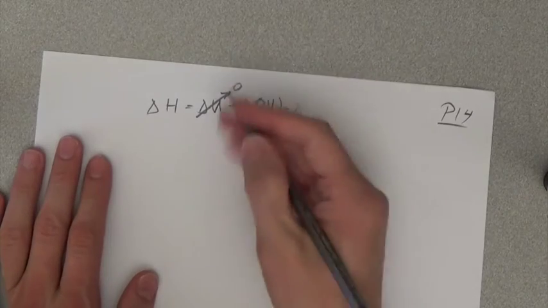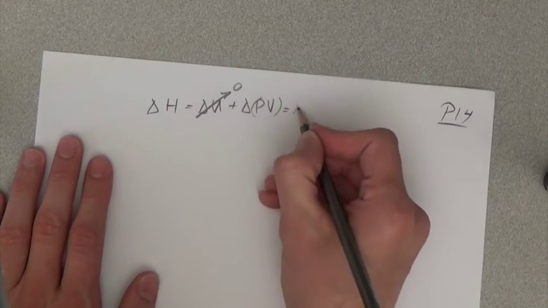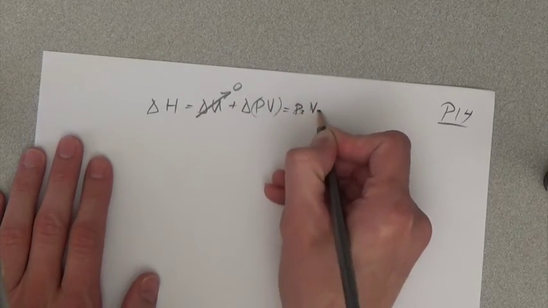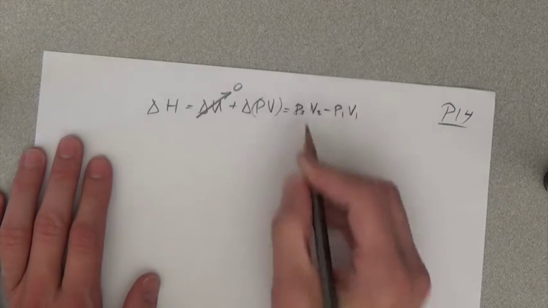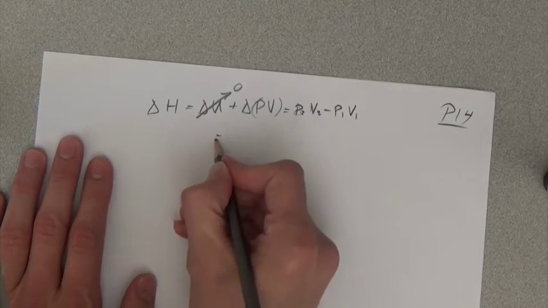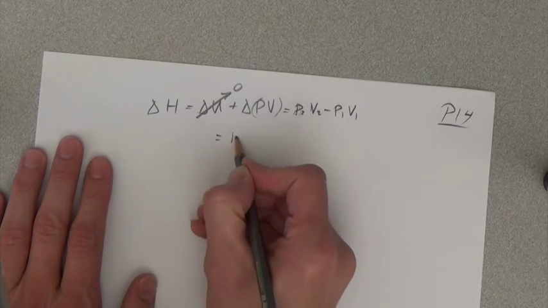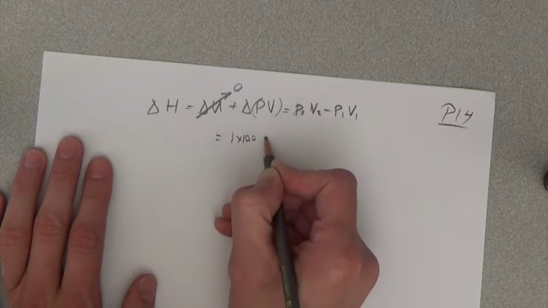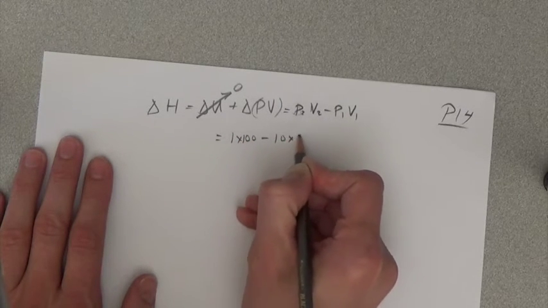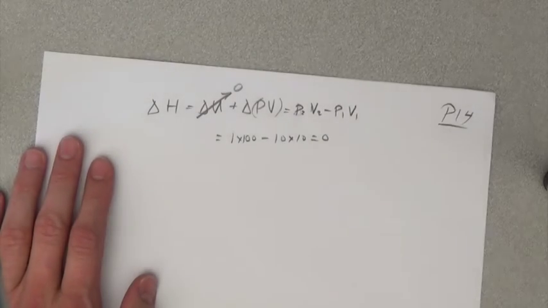Which then we could say is equal to P2 V2 minus P1 V1 is equal to 1 times 100 minus 10 times 10 is equal to 0.